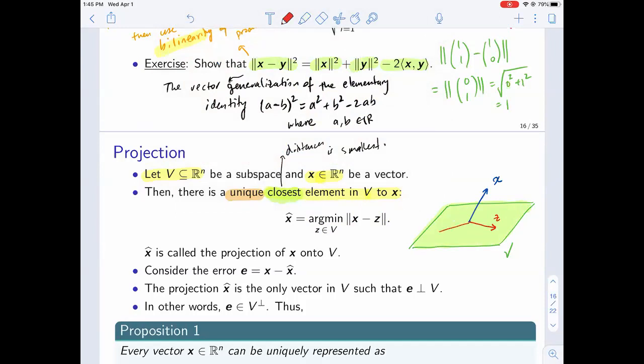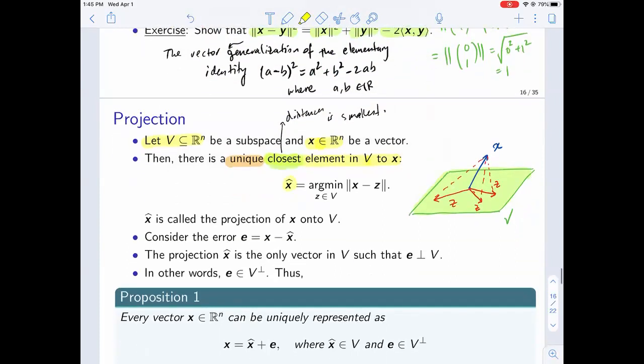So if I have another z here, the distance here is this. This is maybe big. This other z, the distance is smaller. There could be another z here whose distance is smaller. So I'm varying z in V, and I'm looking for the one whose distance is smallest, and that vector is going to be X hat.